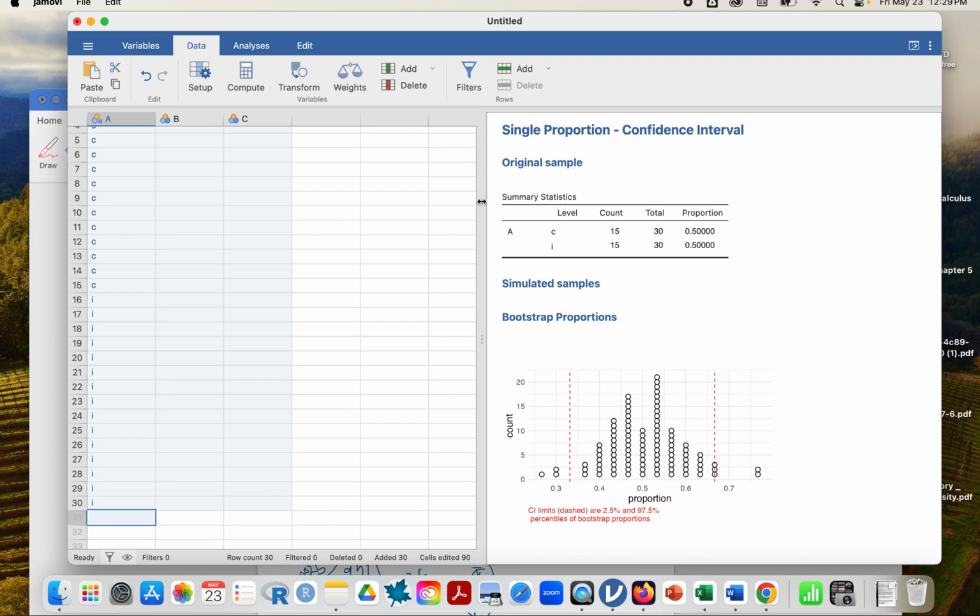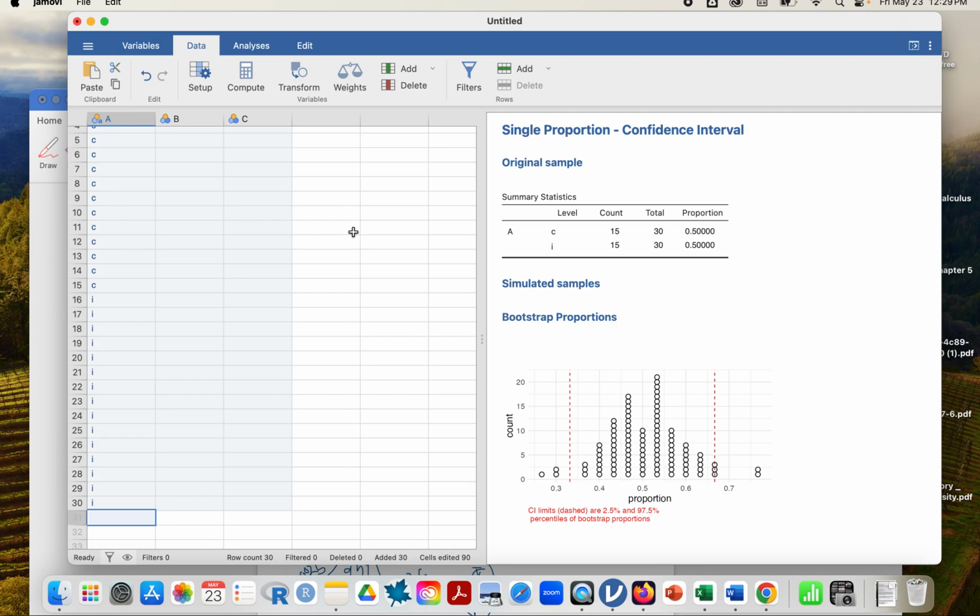What's going on here is that we are bootstrapping this set of corrects and incorrects.